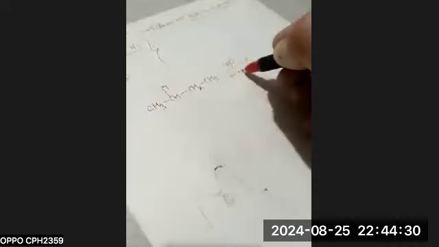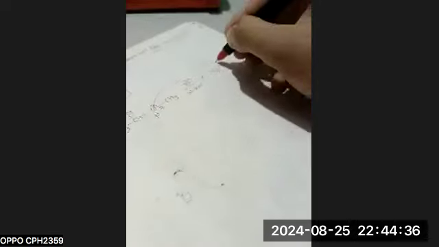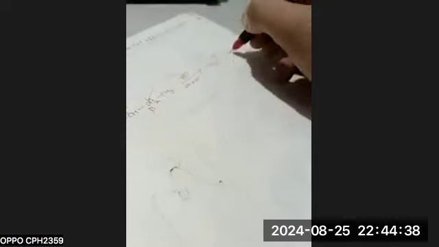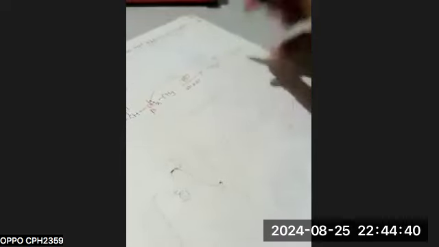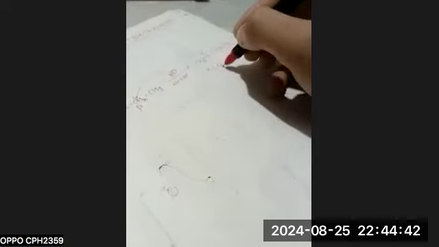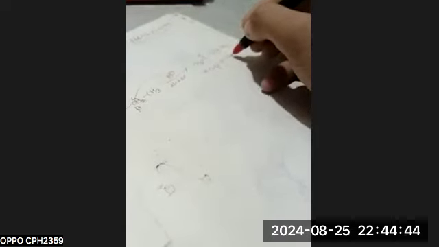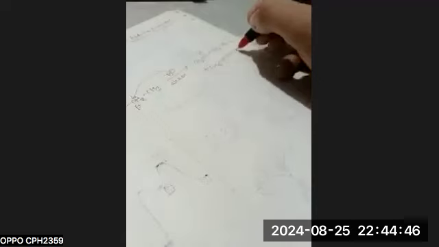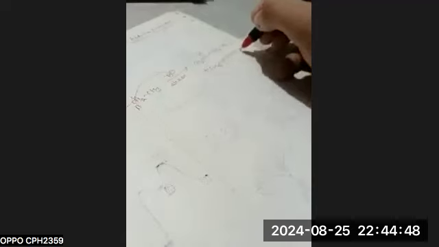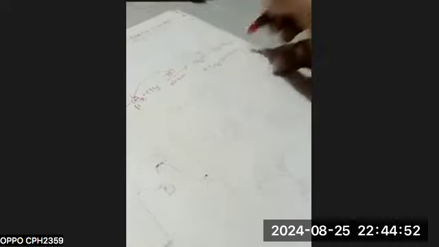The base can attack from this side also. So there are two possible products: one is but-1-ene and another one is but-2-ene.